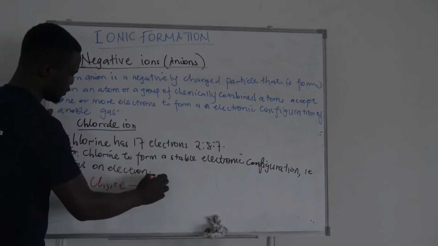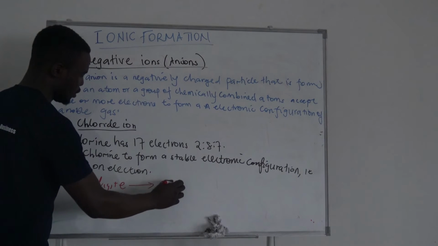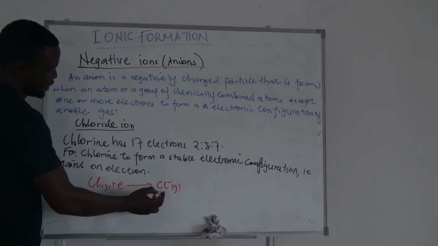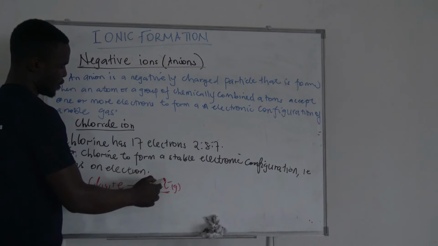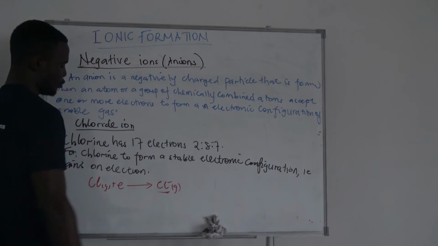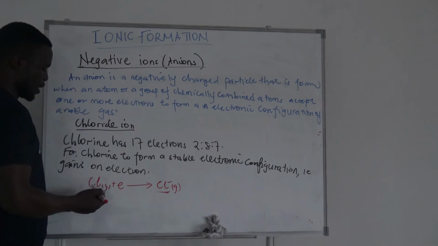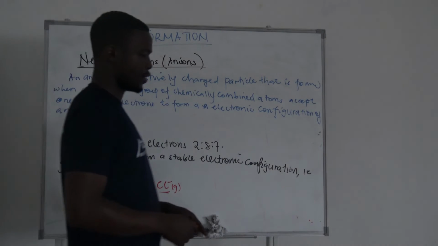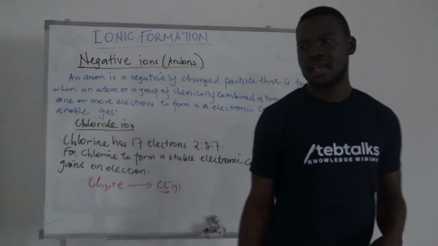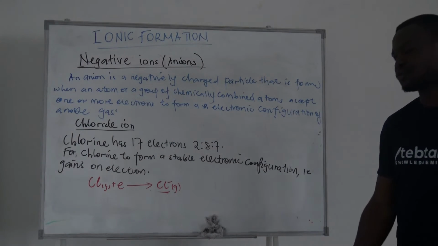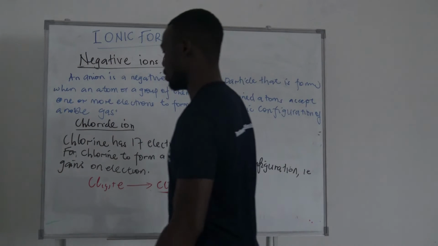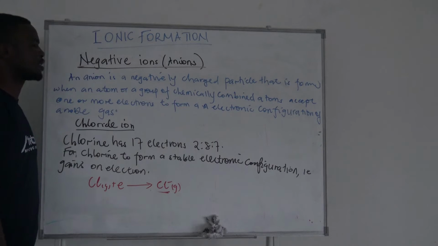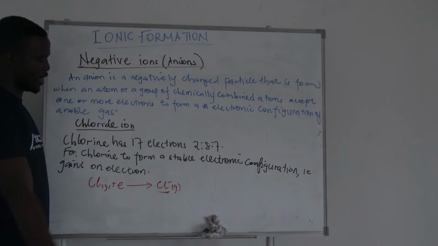When it gains this electron, it then becomes negatively charged, and we are calling this an anion. And one more reminder, when we are writing the chemical symbols, we should write them perfectly and accurately, as we are taught in senior 1 and 2, when we are being introduced to elements.